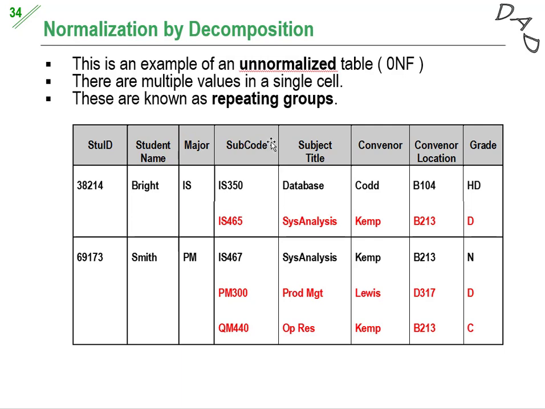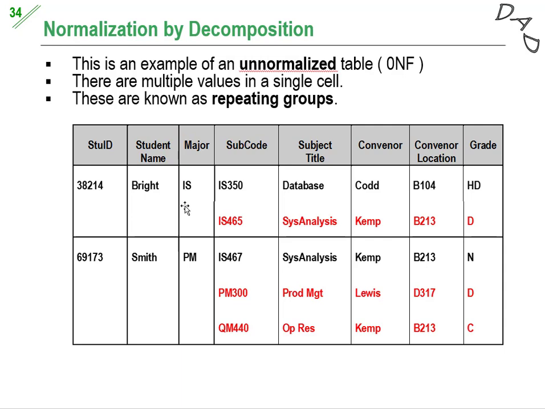But in this case, column number 4 contains two values in one cell. And column number 5 contains two values in one cell. Likewise, the rest of the columns also contain two values.